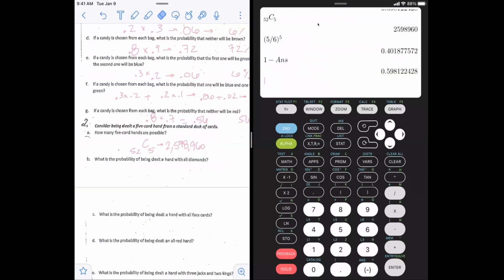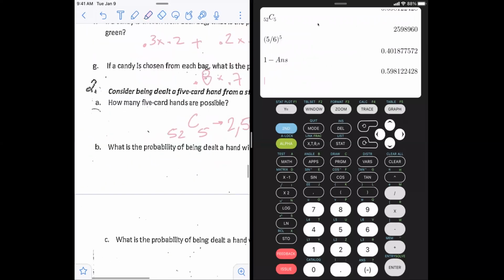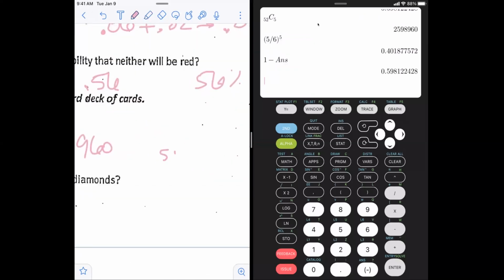Okay. All of the rest of these, at least that we're looking at today, ask what is the probability of something. Remember earlier at the top of your page, I told you that probability is success over total. So all of these, we're essentially finding the success. When are we going to be successful when we have these cards?